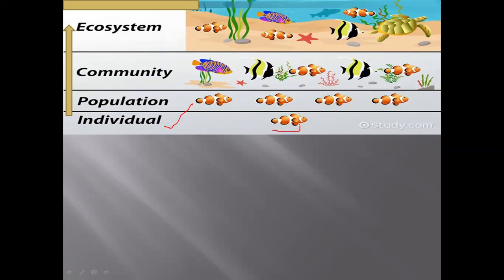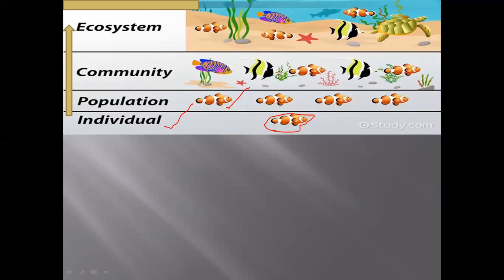This is a fish. This is one organism. And how does it interact with one another? When it reproduces, lots of fishes are there, the same kind of fishes, the group of individuals, that is a population.